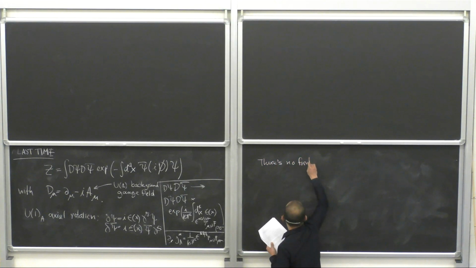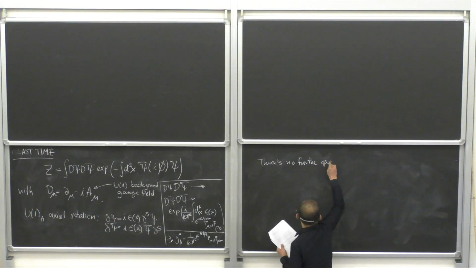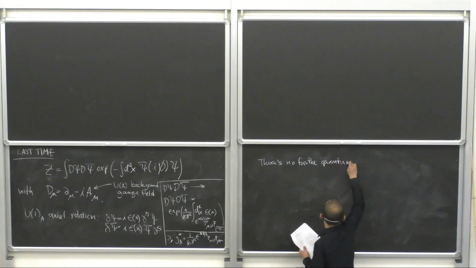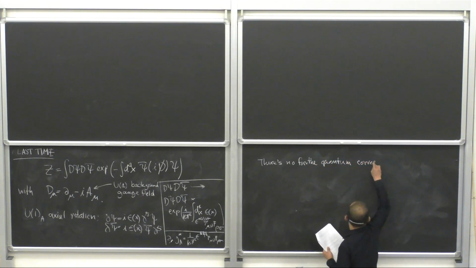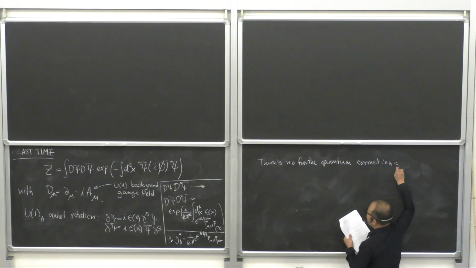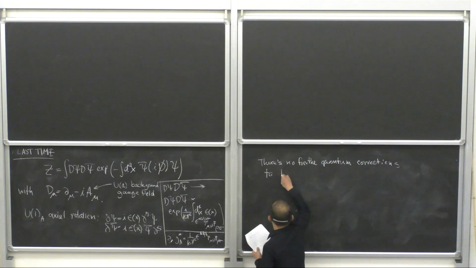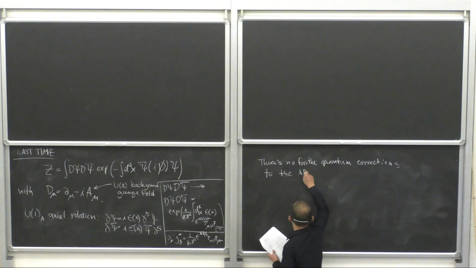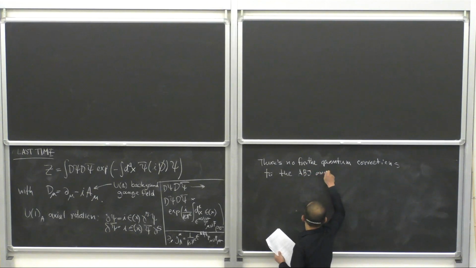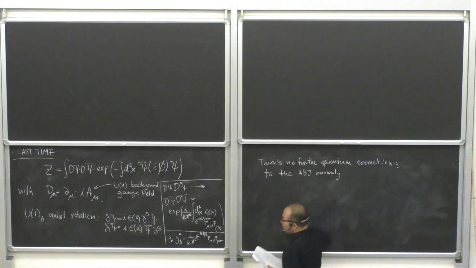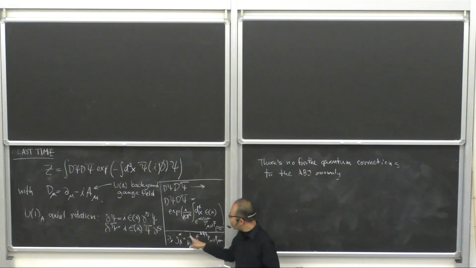What I would like to show today is that there is no further quantum correction to the ABJ anomaly. Suppose we pretend that we restore this e squared here. You would ask, is there a higher order correction in the coupling?